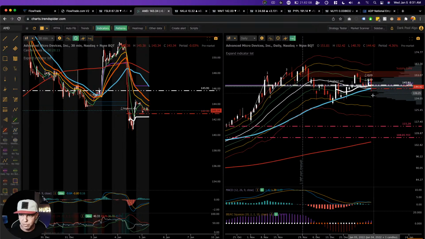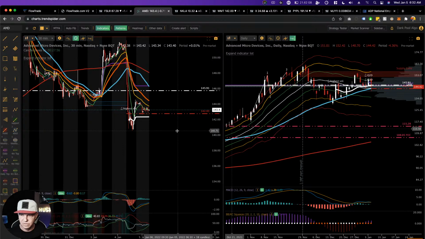If we break that level, we have to look at the downside move to $141, $135, $130. We are trapped, basically.